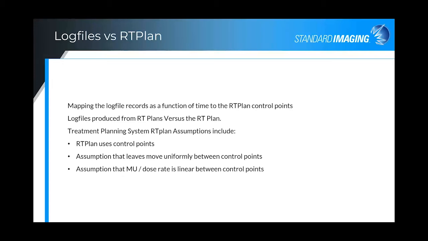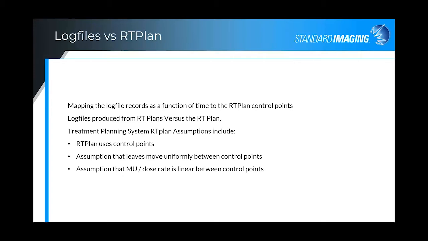The same fluence calculation then can be performed on the RTPlan such that there's direct 2D fluence comparison using the traditional gamma analysis between the planned and delivered treatment. The RTPlan specifies delivery based on control points, and only at these control points is the configuration specified.